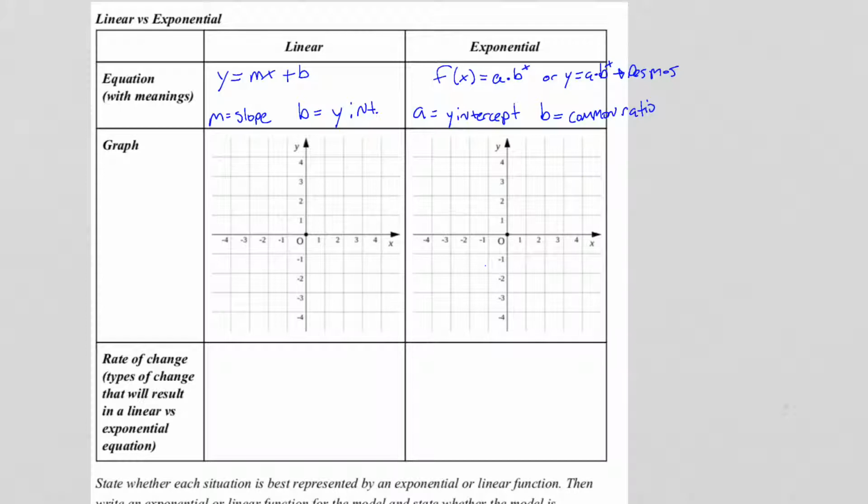So the graph of a line looks, believe it or not, linear, like a line. But the graph of an exponential function, maybe it's like some kind of curve.